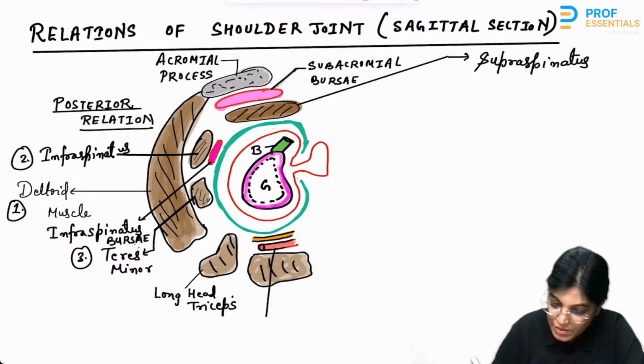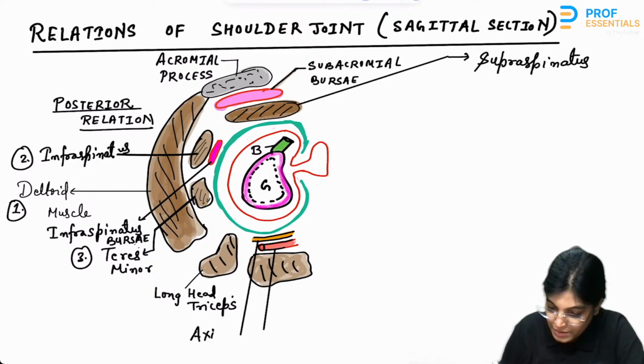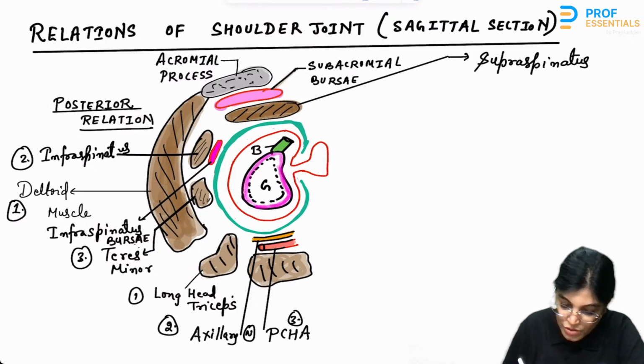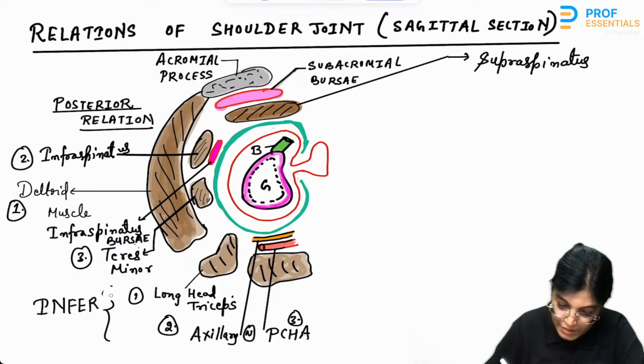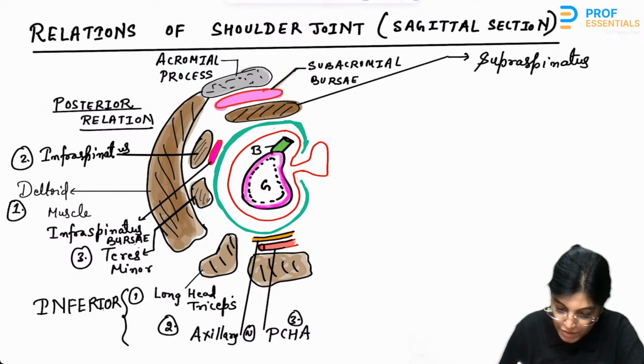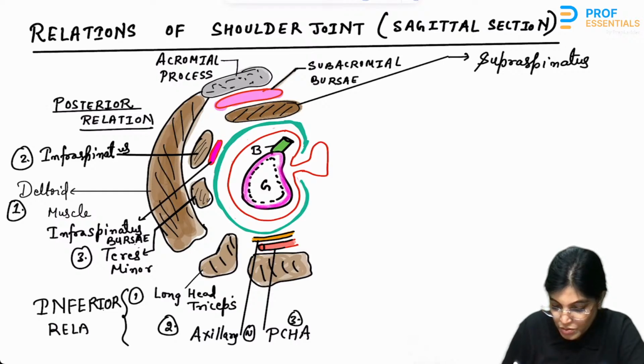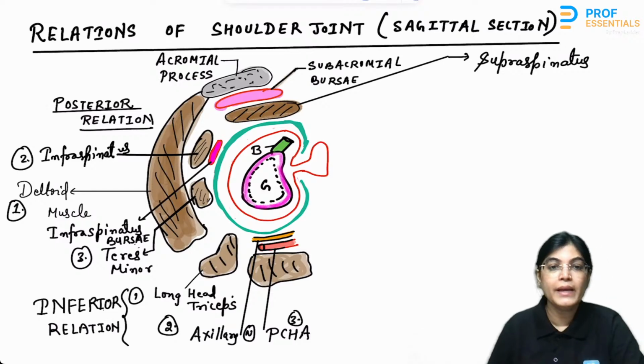This is the axillary nerve. This is the posterior circumflex humeral artery. So 1, 2, and 3. These three structures together are the inferior relations of the shoulder joint.